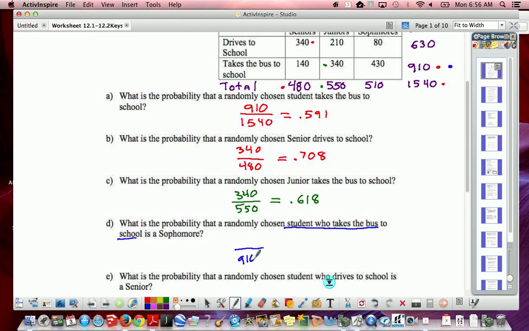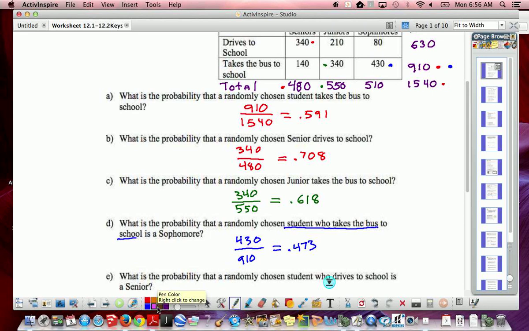The question then becomes, how many of those 910 students are sophomores? That's 430. So 430 divided by 910 is 0.473.